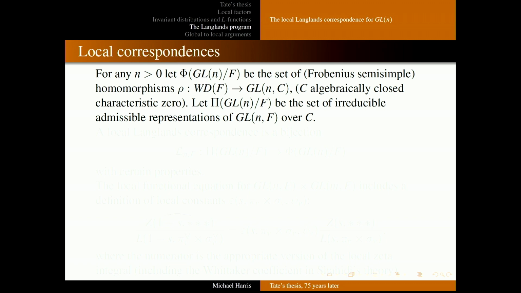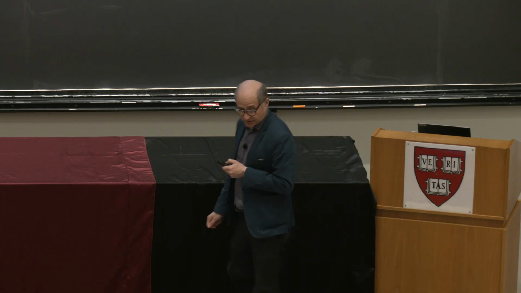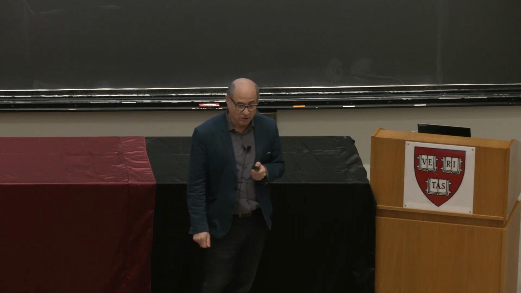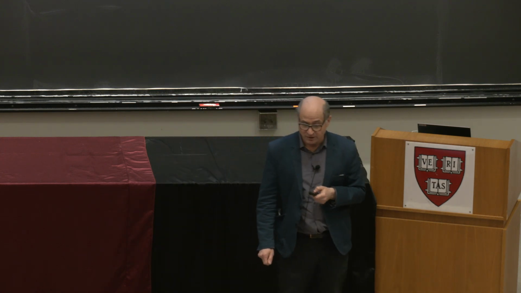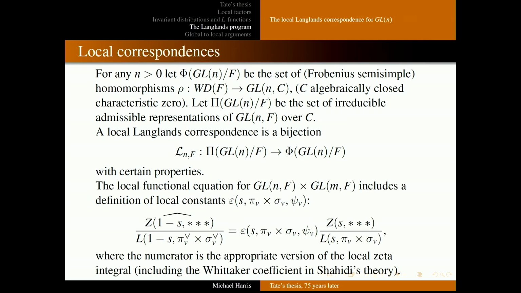And let Pi(GL_N over F) be the set of irreducible admissible representations of GL_N(F) over C. So a local Langlands correspondence is a bijection between the two sides with certain properties. The key property that was identified by Langlands, as I'll explain, has to do with the local functional equation.